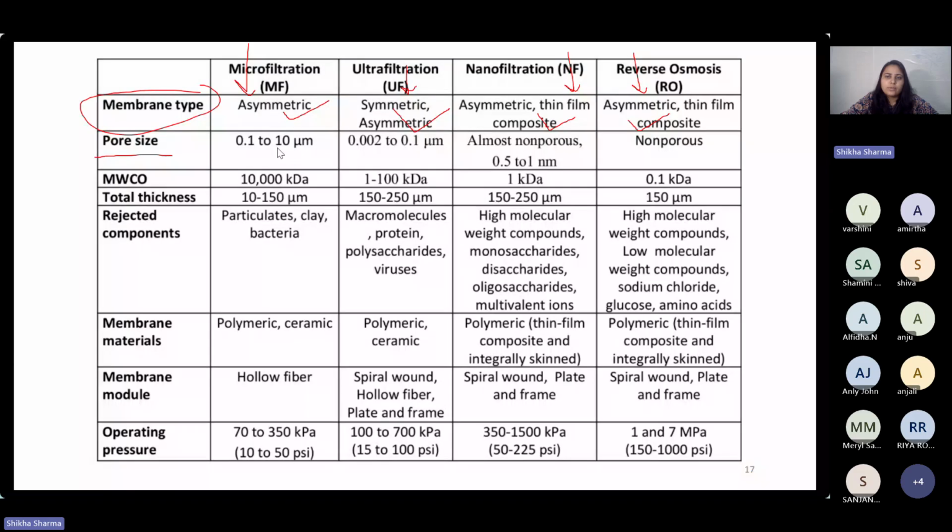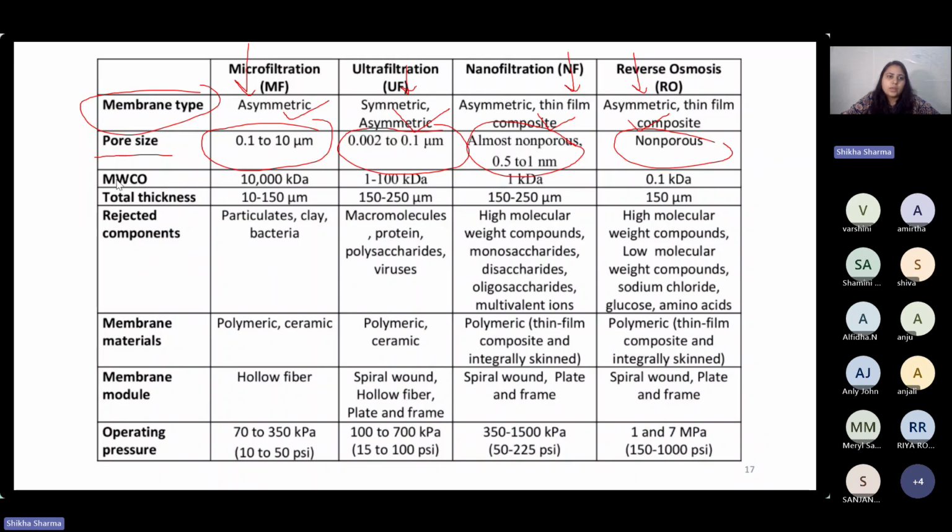And the pore size in microfiltration is 0.1 to 100 micrometer. But in ultrafiltration, it is very small, 0.002 to 0.1 micrometer. And in nanofiltration, it is even smaller, which is 0.5 to 1 nm. And in reverse osmosis, it is basically non-porous.